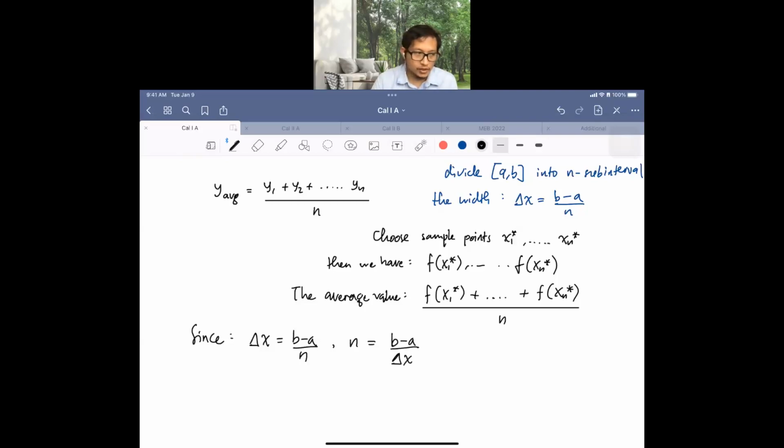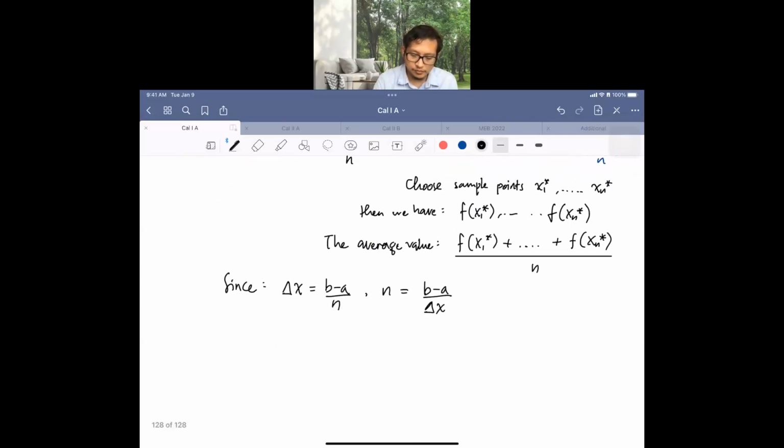Now the average value, let's say f average, becomes the same equation divided by n, which is b minus a divided by delta x.